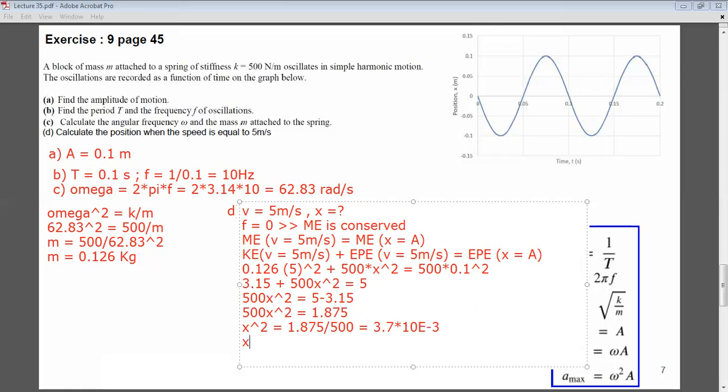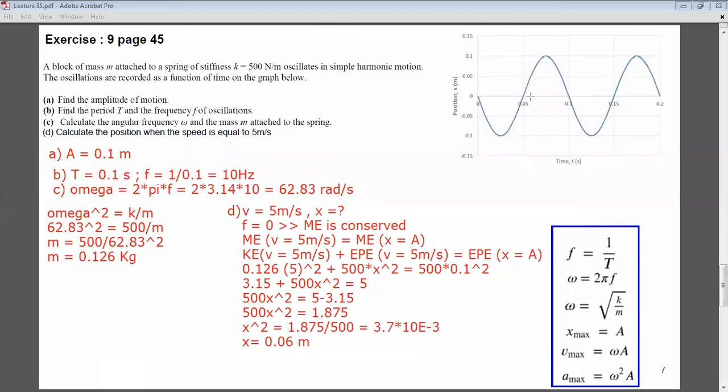I take the square root of both sides, and this gives me 0.06 meter. This is 0.05, so it's somewhere here, at 0.06.